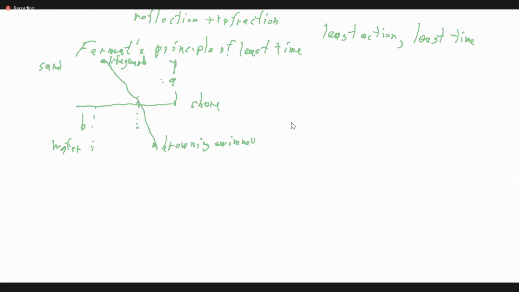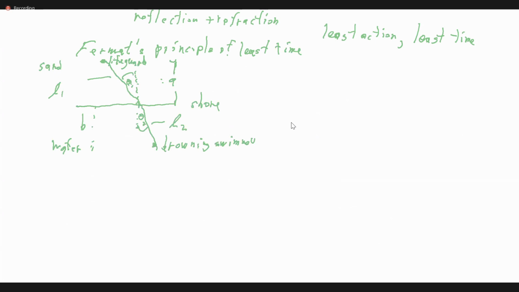The experienced lifeguard might, from many years of practice, figure out exactly how far and at what angle to run on the sand, and then jump in the water and swim in a straight line. We'll call this angle theta 1 and this angle theta 2. L1 is the total length that the lifeguard runs in the sand, and L2 is the total length that the lifeguard swims in the water.